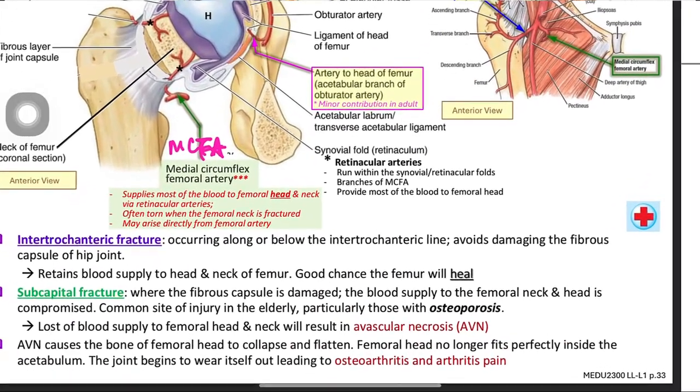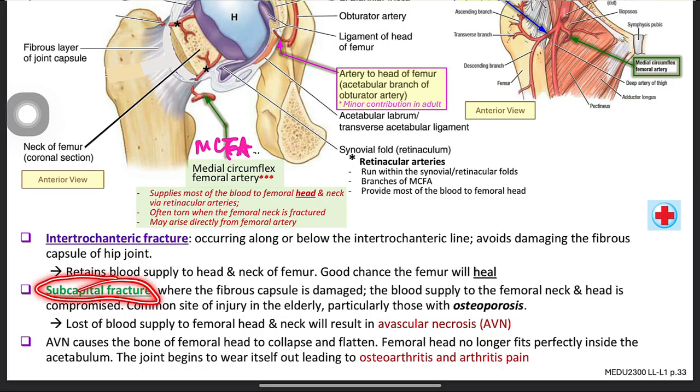So that's why in the subcapital fracture, where the fibrous capsule is damaged, the blood supply to the femoral head and neck is compromised. It is a common site of injury in the elderly, particularly those with osteoporosis. Because of the lack of blood supply, the femoral head and neck will gradually die.